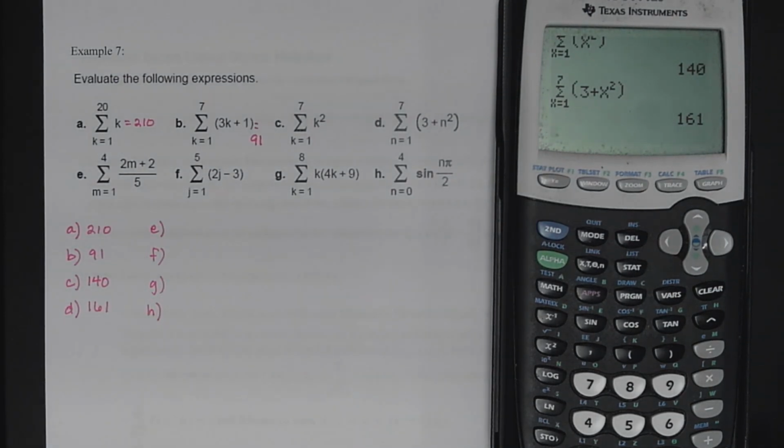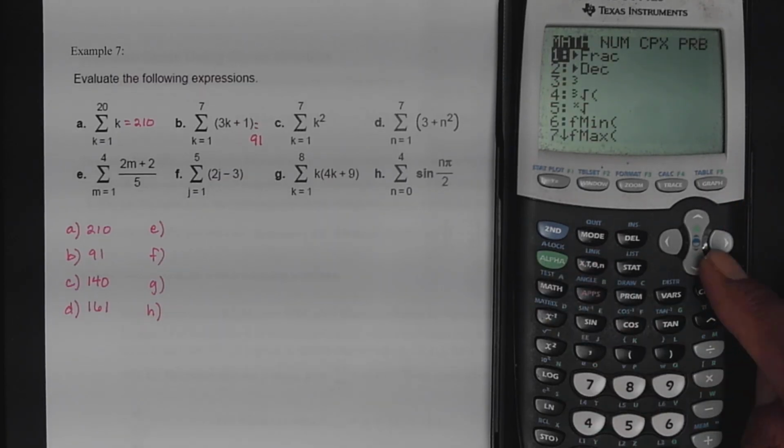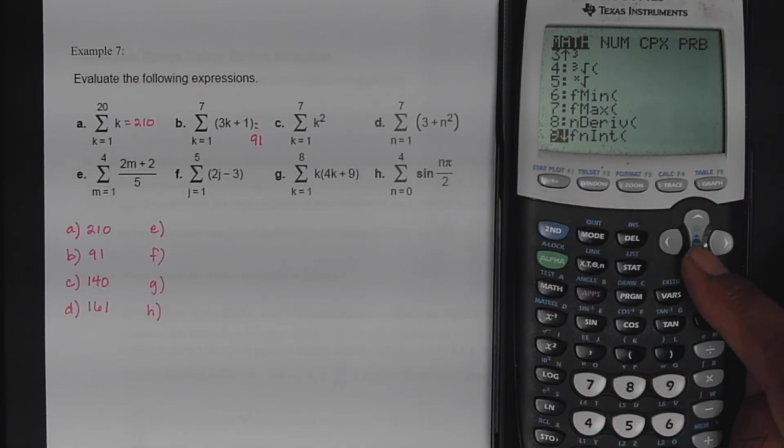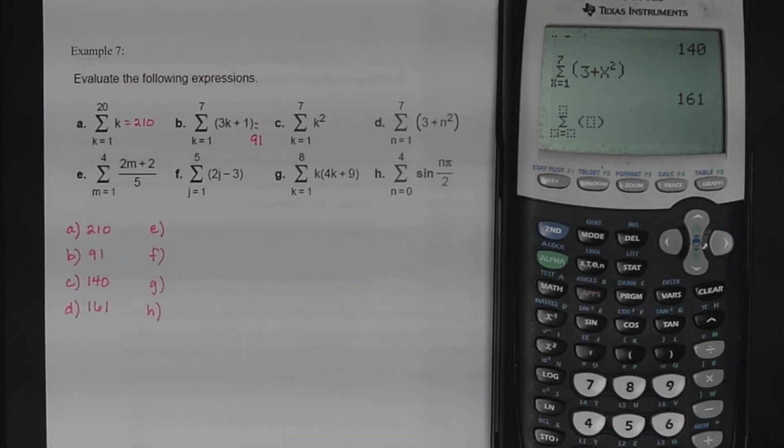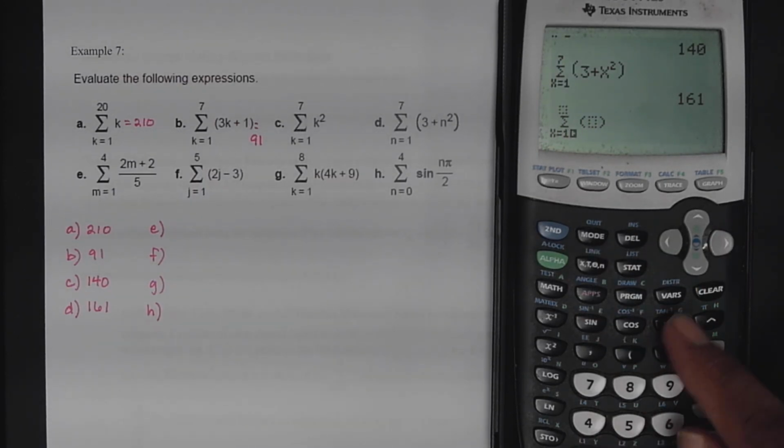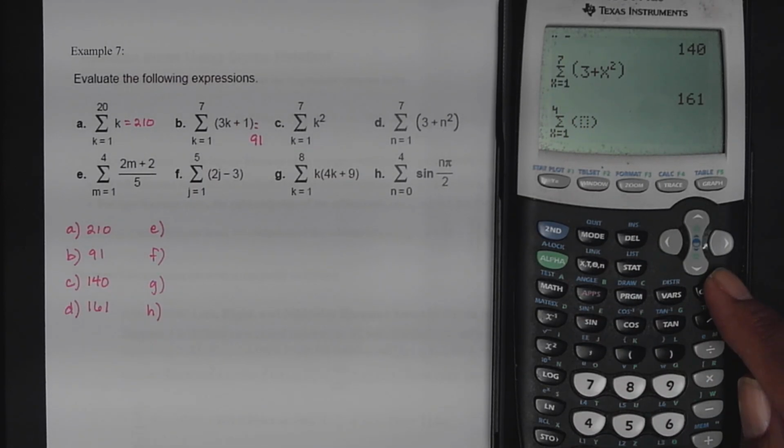Part E. The summation from m equals 1 to 4 of 2m plus 2 divided by 5. All right, so to enter this in, let's do math, go down to summation, and I'm using X,T,theta,n for the x, and that'll be from 1 up to 4. Now for that 2m plus 2 divided by 5, let's do this.